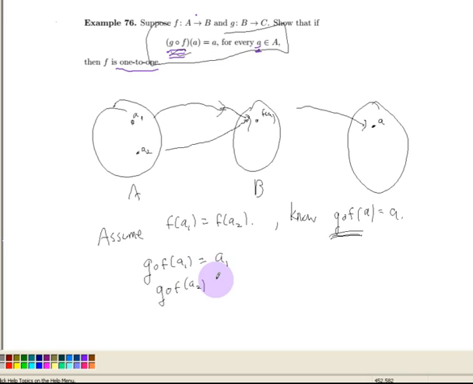Well, by the same hypothesis, that's equal to A2. But notice that F of A1 is equal to F of A2. Okay? So we have this. So in fact, G composed F of A1 is equal to G composed F of A2 by substitution. So these are equal by substitution.